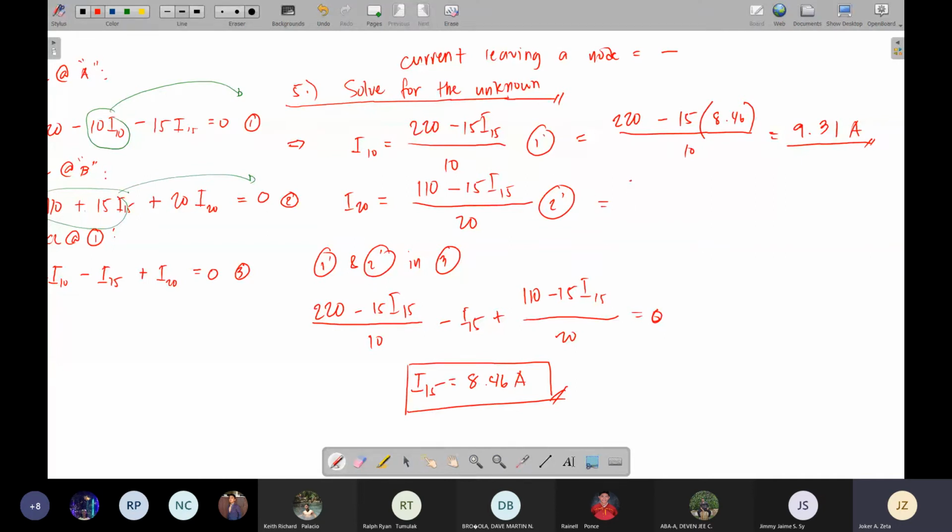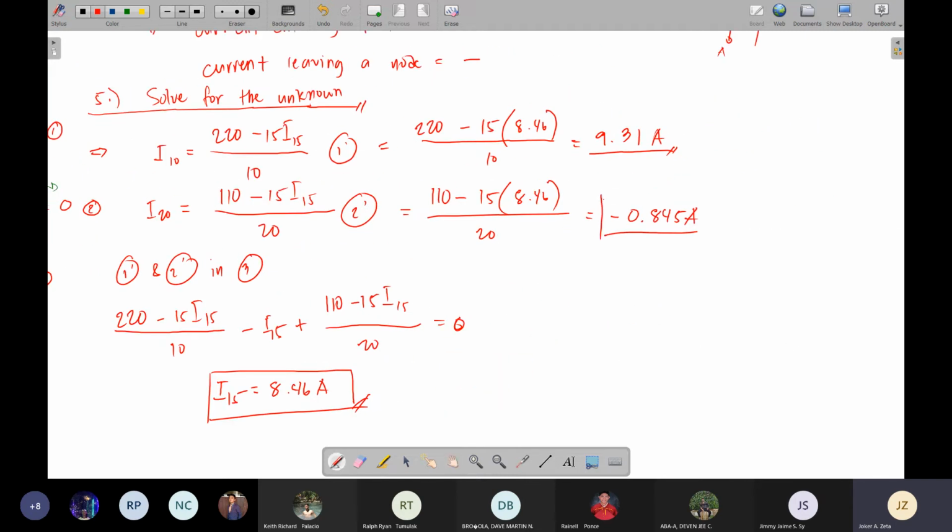And lastly, our I20 is 110 minus 15 times 8.46 divided by 20. So the answer is negative 0.845 amperes. Okay?